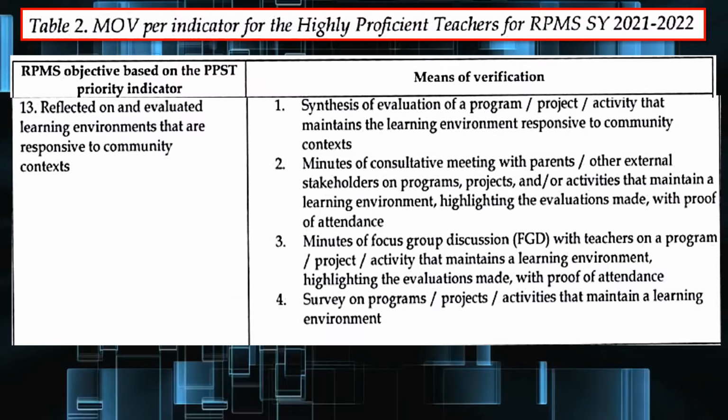Number 2, the minutes of consultative meetings with parents and other external stakeholders on programs, projects, and or activities that maintain a learning environment, highlighting the evaluations made, with proof of attendance. Number 3, minutes of focus group discussion with teachers on a program, project, and activity that maintains a learning environment. And number 4, survey on programs, projects, activities that maintain a learning environment.